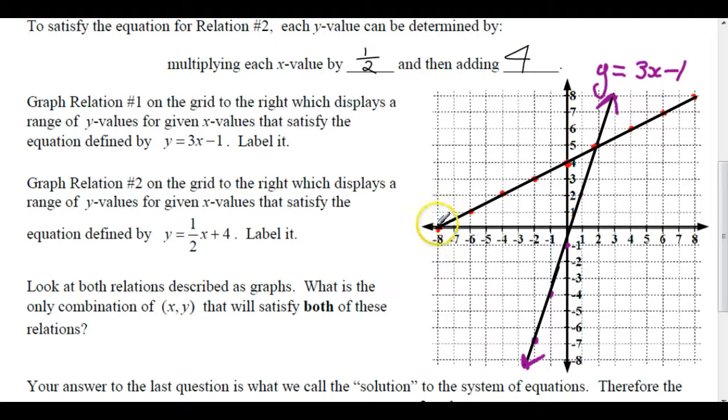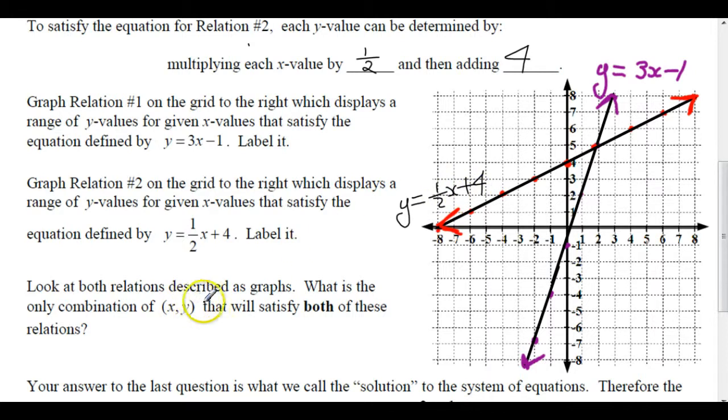And hopefully by now you have not lost marks for putting those on when you did the previous test. Okay, so there we go. Now I want a thin line. Label it. So this line is y equals 1/2 x plus 4.